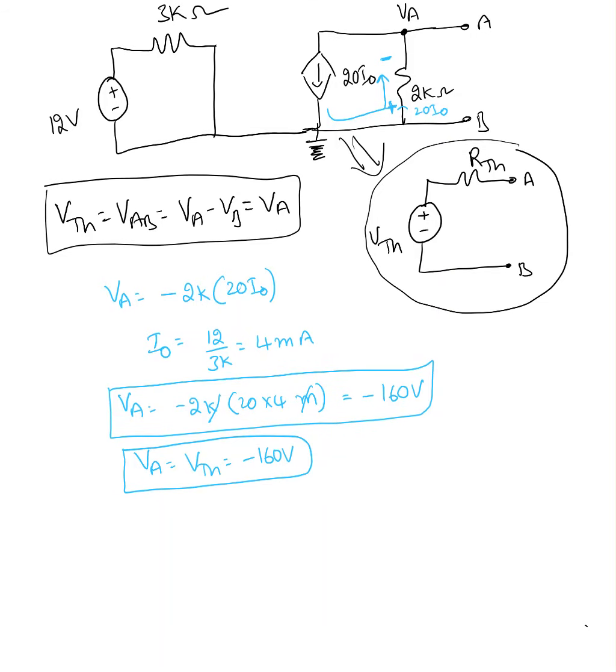Now the next step is finding R Thevenin. R Thevenin is the Thevenin equivalent resistance between the AB terminals.